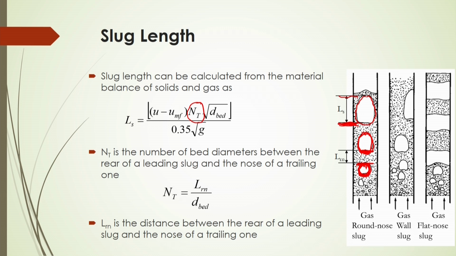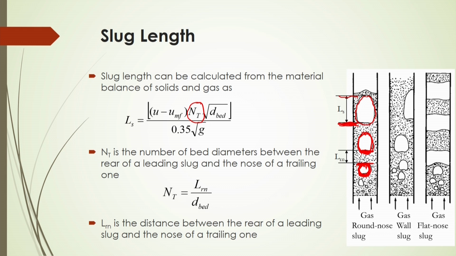This is called the length, the distance between the rear of the leading slug and the nose of the trailing one, which will be obtained by just taking a snapshot and calculating it by analysis with suitable software.